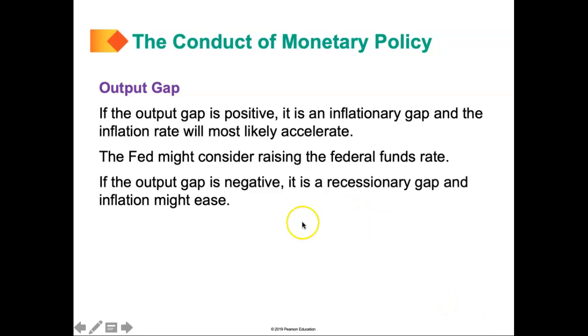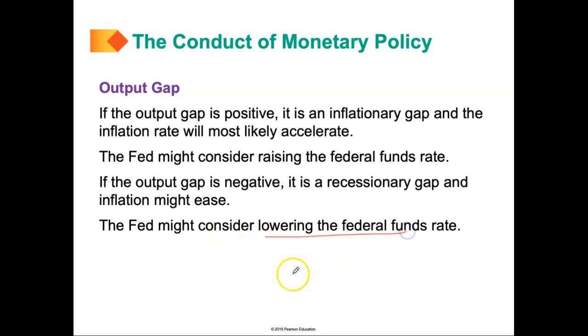And anytime there's a recession, the Federal Reserve will lower the federal funds rate in order to get people to spend more. This will increase the money supply and loans made by banks. This will increase the AD curve, which will increase GDP and cause the output gap to close.